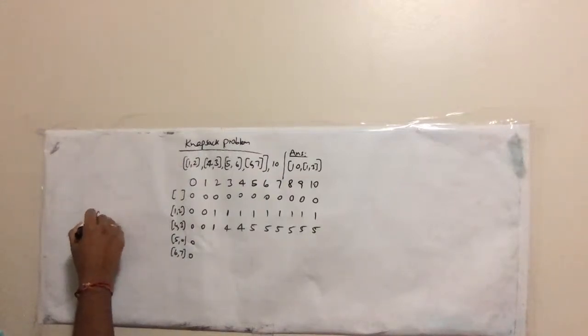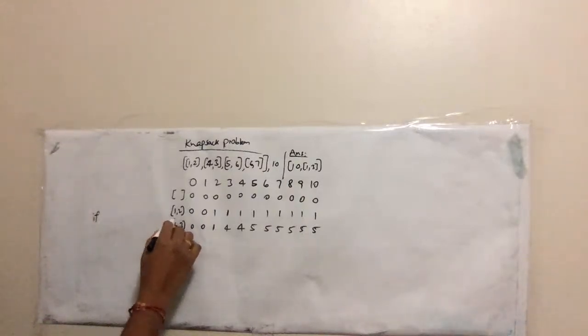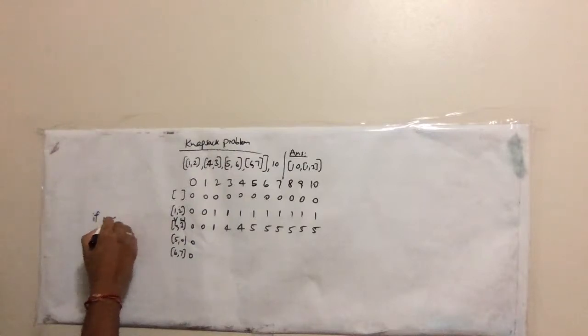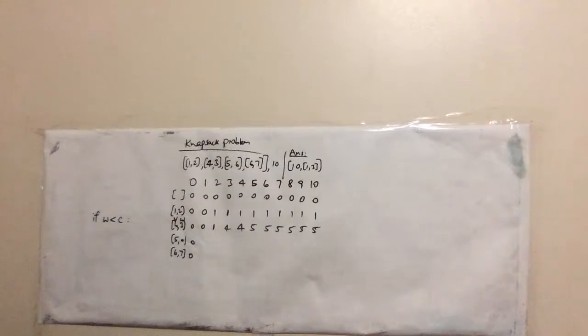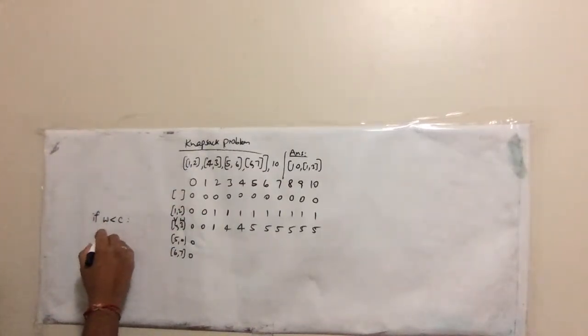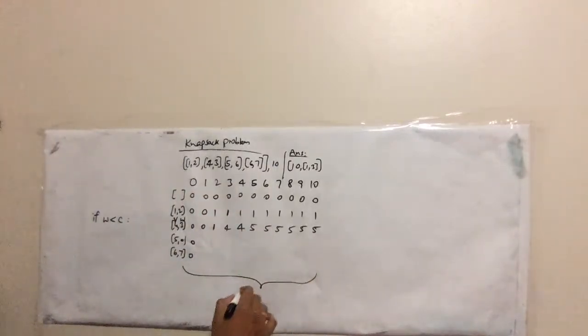If the current weight, I can call that W, and this is value and this is weight. If the weight is less than the capacity at that moment which you are calculating, then what we can do is, I am calling the array which we are building values.